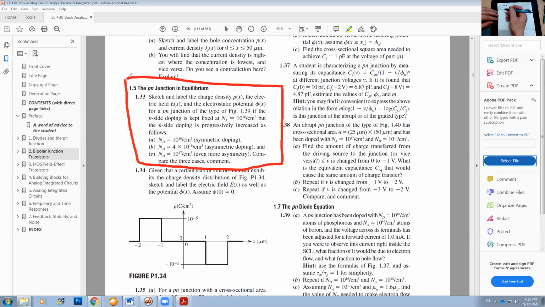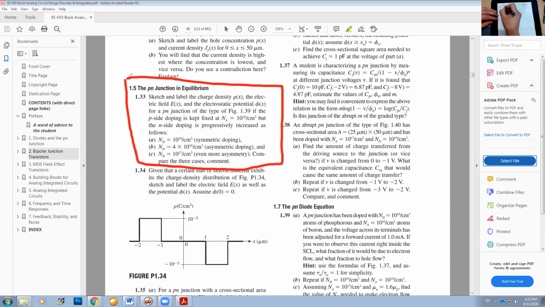Okay, so sketch and label the charge density rho x, the electric field Ex, and the electrostatic potential phi x for a p-n junction of the type of figure 1.38 or 39 if the p side doping is kept fixed as NA.